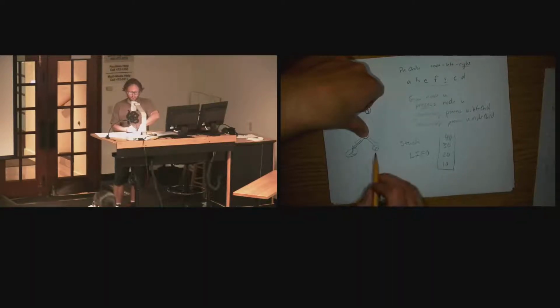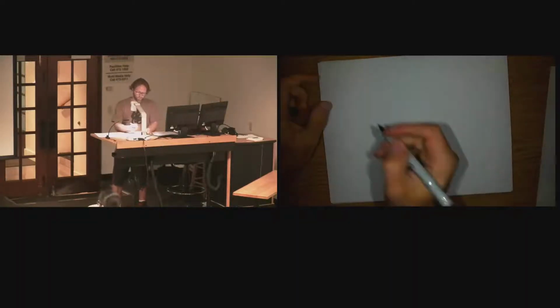Do I do it left, right, or right, left? Which one's first? Right first, and then left. Why? Because when I pop this out, I'm going left, and I'm keeping track of this breadcrumb out here so that eventually when I come back, I know that I still need to process R. Okay?